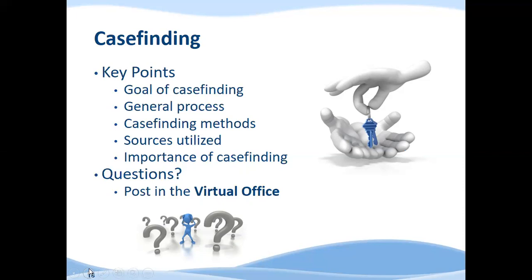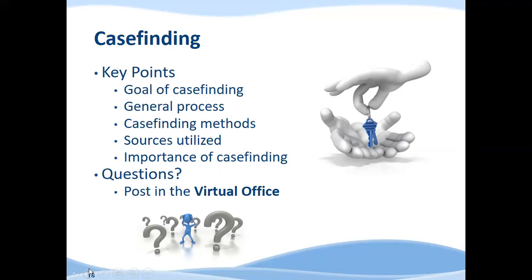All right? So the case finding key points you need to know and remember are what the goal of case finding is, the general process of case finding methods, case finding sources utilized by either the hospital or state central registries, and then the importance of case finding, okay?